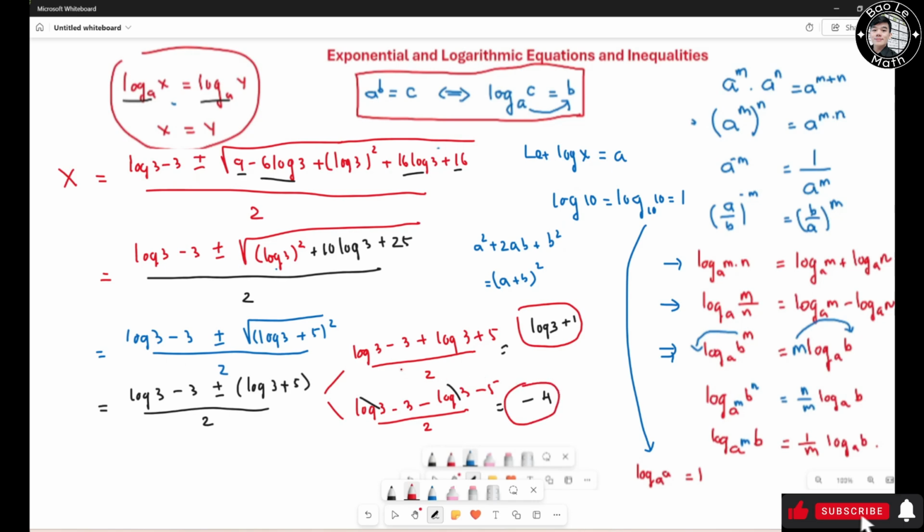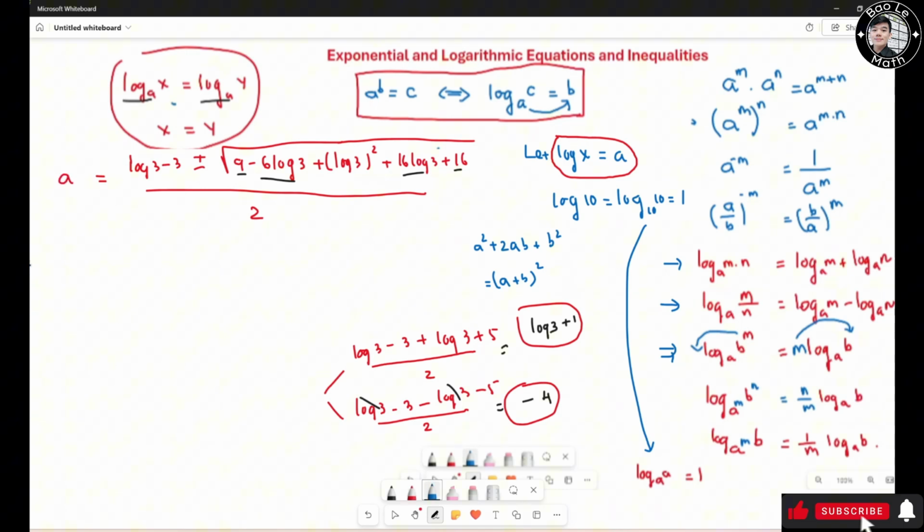Alright, so now I need to go back to the original one. Original one is going to be a equals log s, right? Oh, I forgot. This guy should be a because the variable is a, right? A right here. So I have log s equals log 3 plus 1, right? This is a equals two values right here, but a equals log s, so I just substitute log s back into the equation right here.